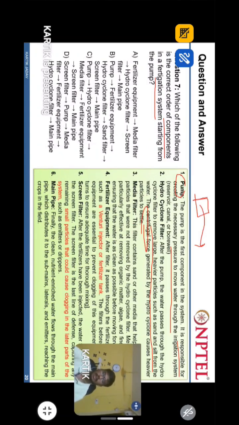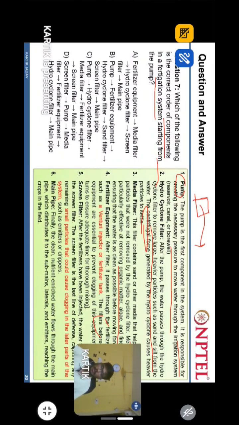What will the media filter do? It filters through sand and other media that trap smaller particles, right? As compared to the particles dealt with during the hydrocyclone filter. So in the media filter, those are relatively small particles, and in addition to that, it is also removing organic matter, algae, and finer sediments.